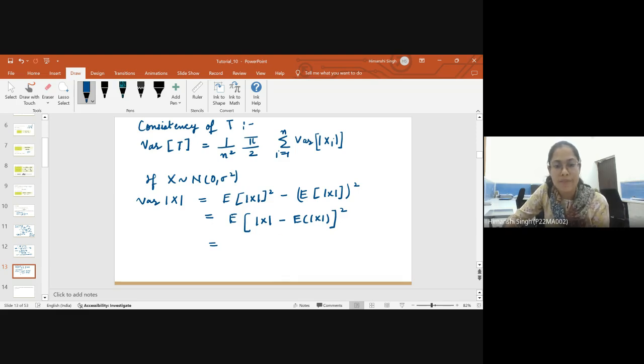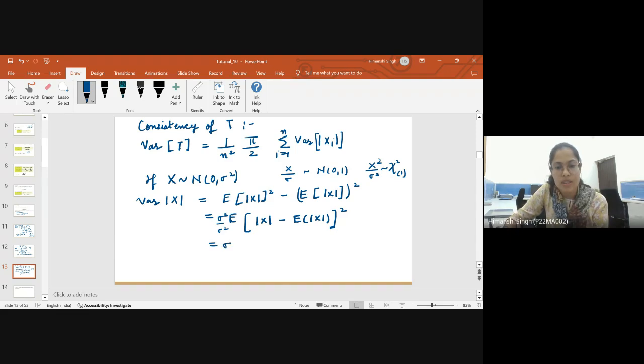Okay, so here if I consider x by sigma, it will follow the standard normal distribution, and x square by sigma square will follow chi square with 1 degree of freedom. We have already studied this, as the square of a standard normal follows a chi square distribution. So what I'll do is take sigma square here and divide by this sigma square.